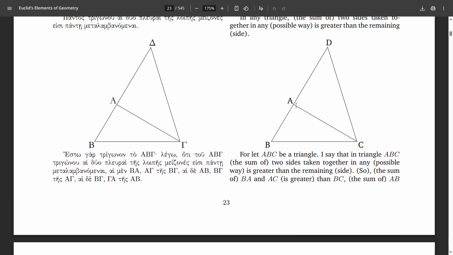So these are matching. You go here, it's larger than this. These are matching. You go here, this is larger than that. These two, and that's larger than this.